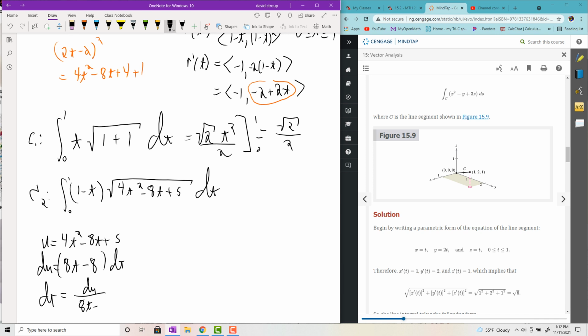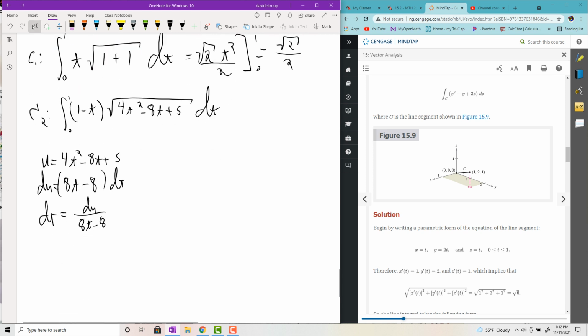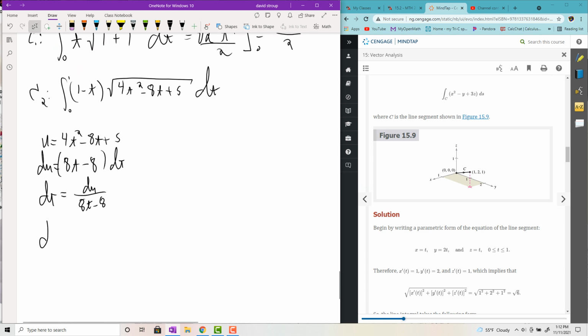Right there, right? Okay, 8t minus 8. And then you could rewrite that to make a nice cancellation, right? So that's dt equals negative 1 over 8 times du all over 1 minus t. And then you get your nice cancellation.